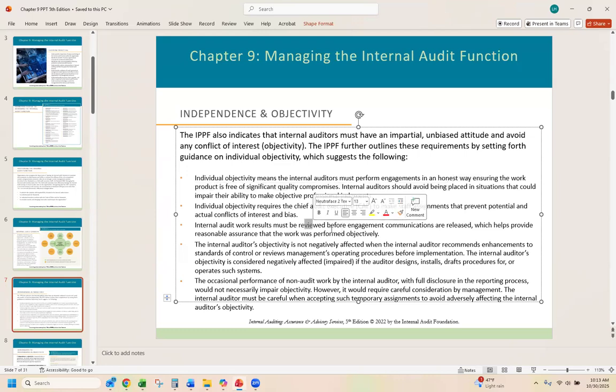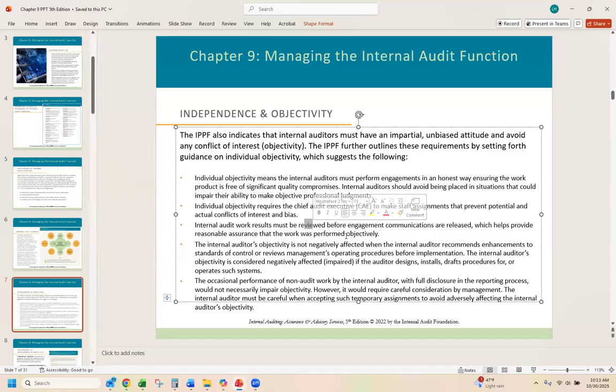Down here, internal audit work must be reviewed. And that's like anything else. You can't have a staff auditor doing a bunch of work, like, say, auditing an entire location's control processes, and then just sticking it in your overall documentation, and then it's done for the year.